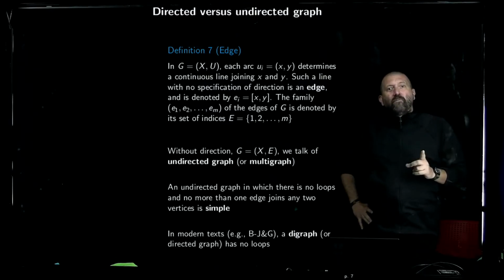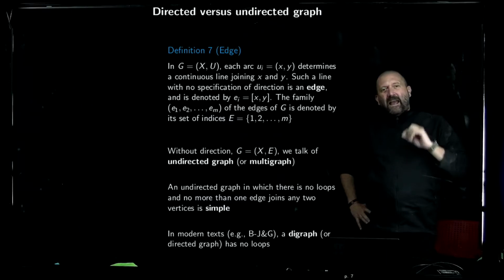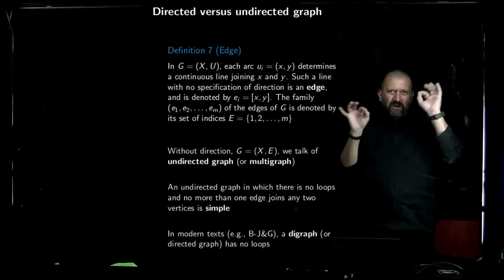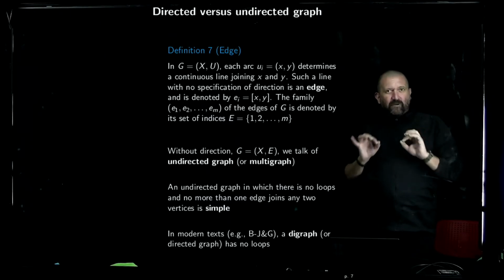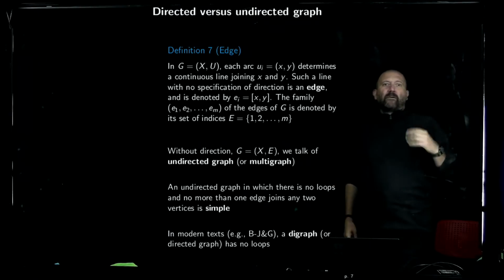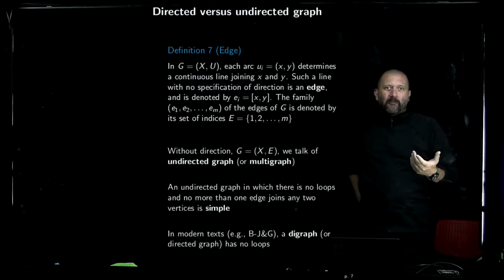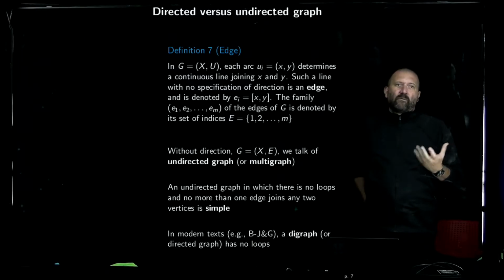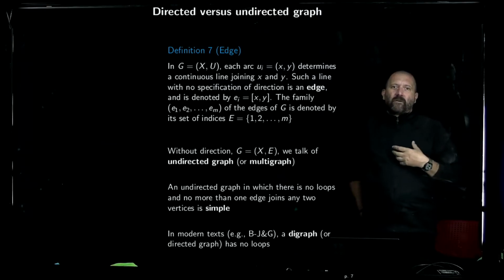If there's no loop in an undirected graph, and each pair of vertices is joined by no more than one edge, then we call that a graph that is simple. Okay, that is quite an important concept, and we'll see it over and over again.